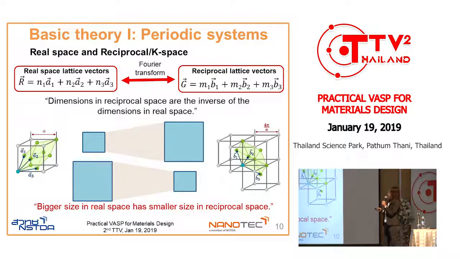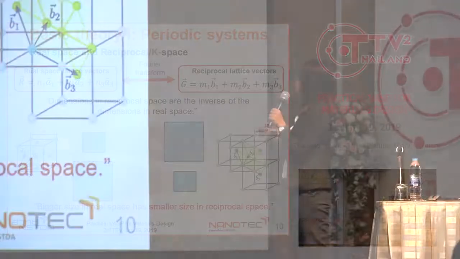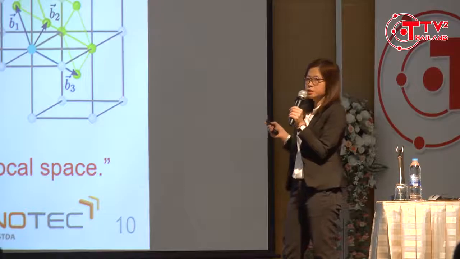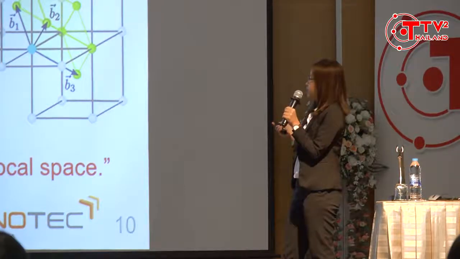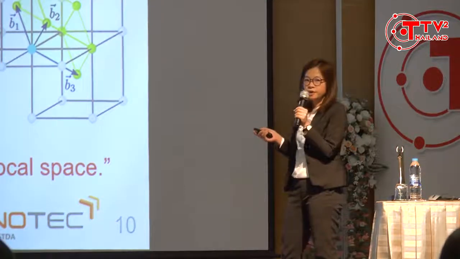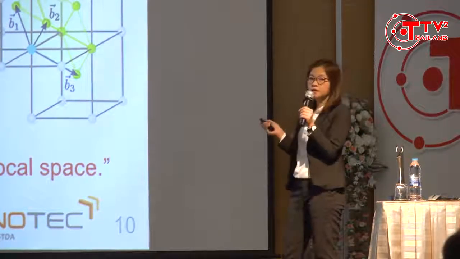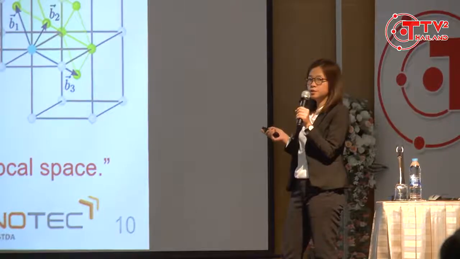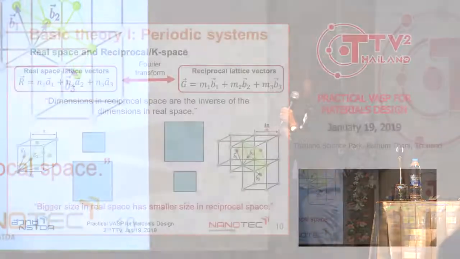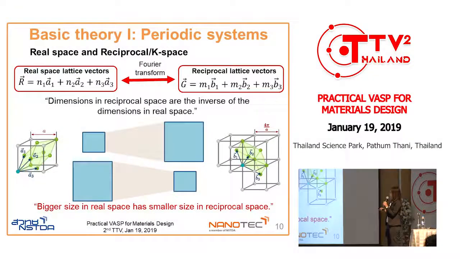And when you do a Fourier transform from real space, you can get the reciprocal lattice vectors of the structure. Because plane wave methods take advantage of the FFT, the fast Fourier transform, to calculate, it needs a little bit of knowledge about the Fourier transform of the lattice vectors.